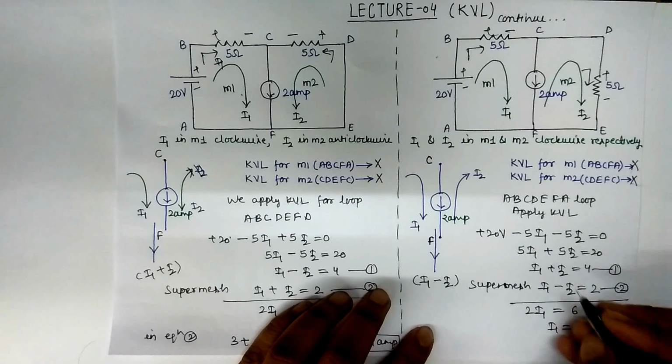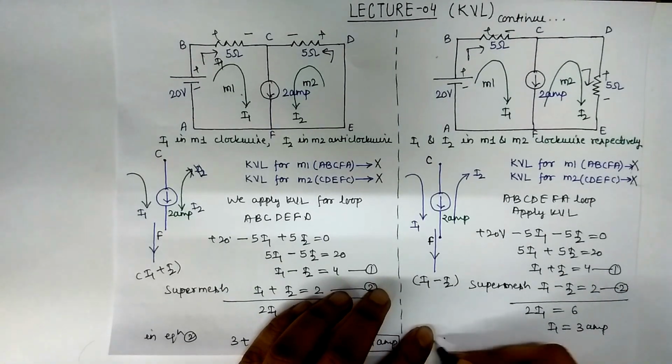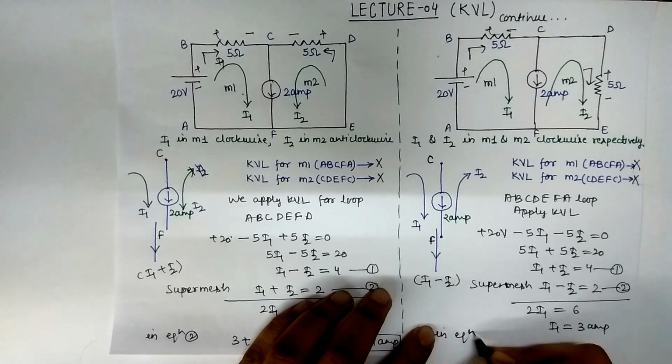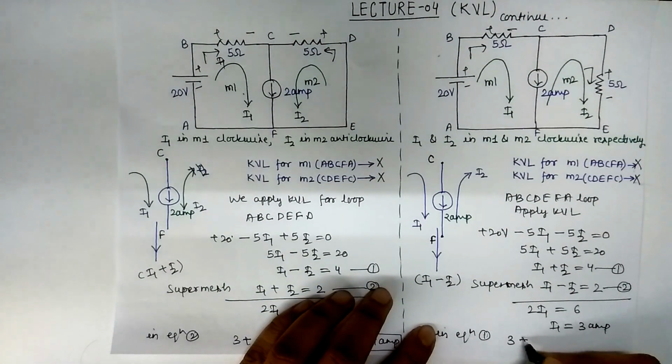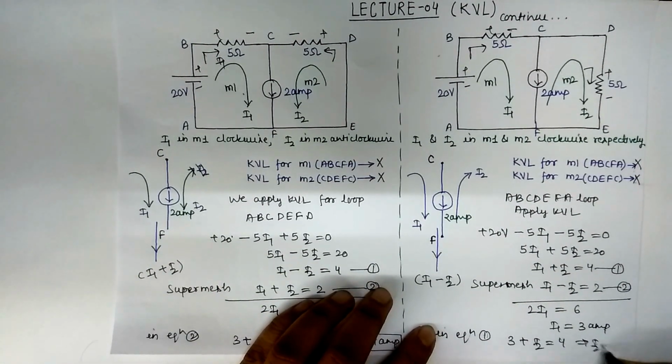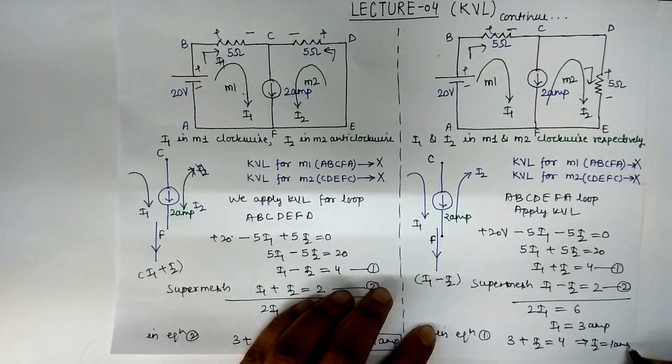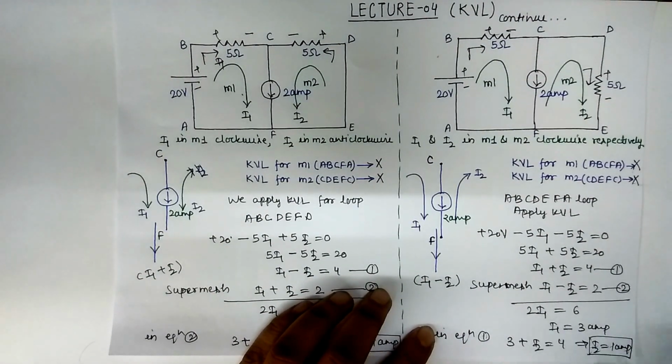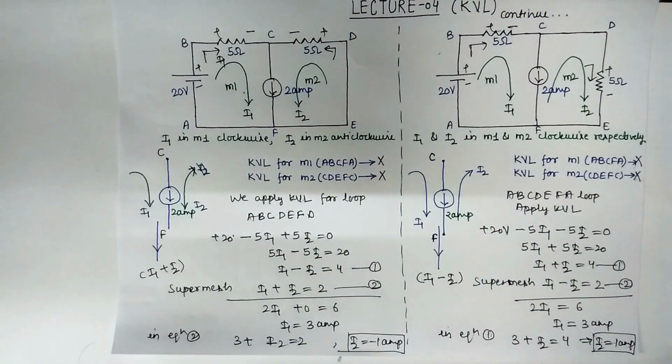We put the I1 value in equation number 1. It would be 3 plus I2 is equal to 4. So I2 is equal to 1 ampere. So in this way we solve our question. Now we see that the I2 value is changed, but our answer is right.